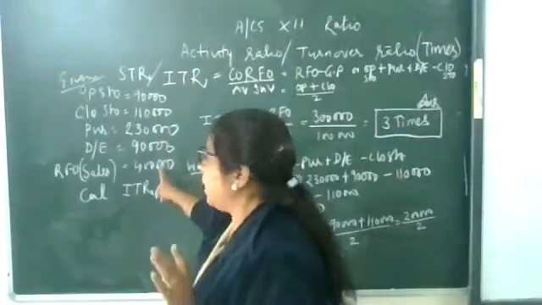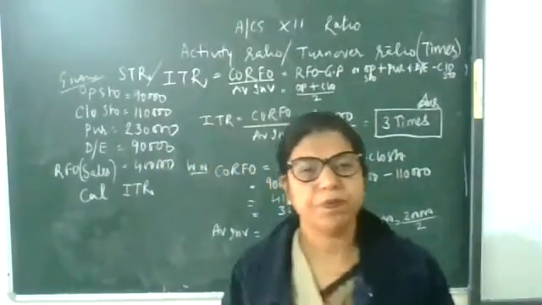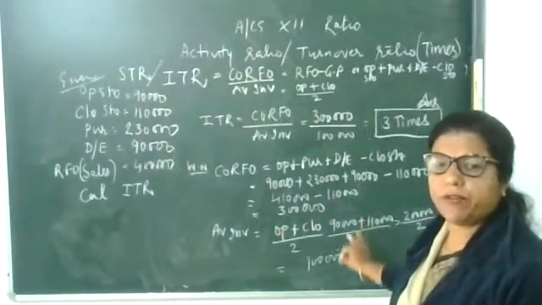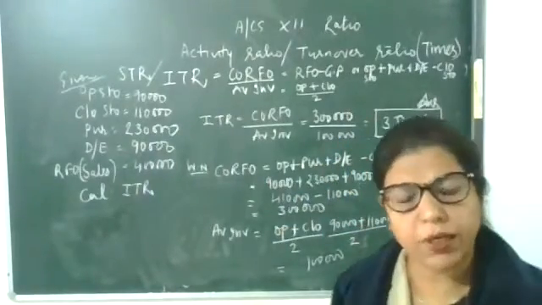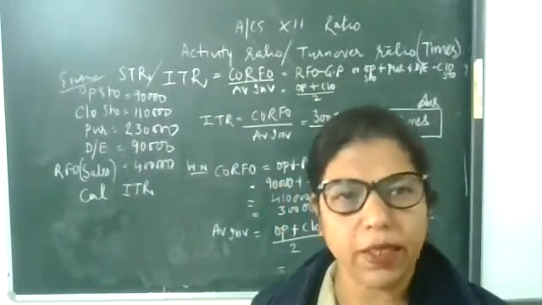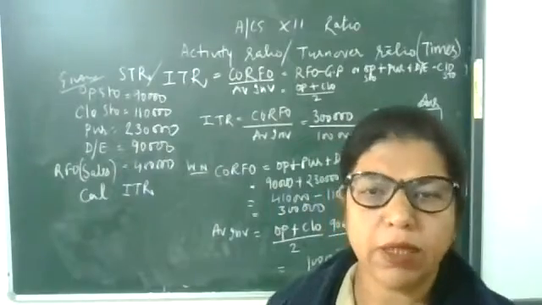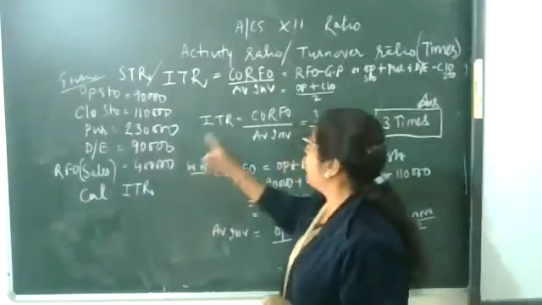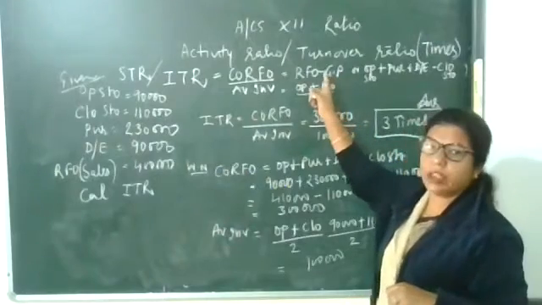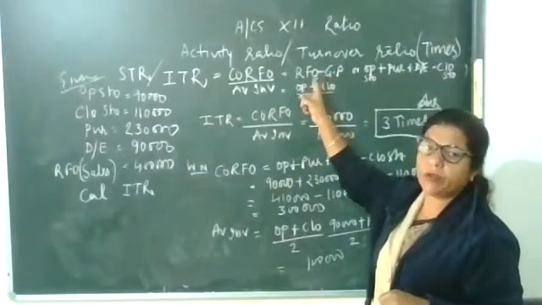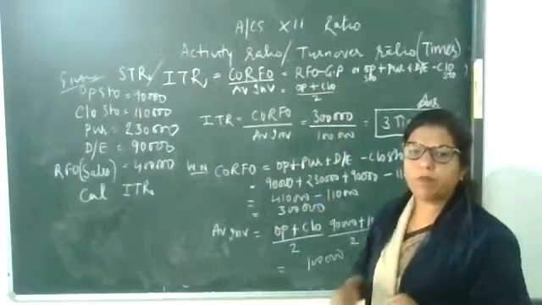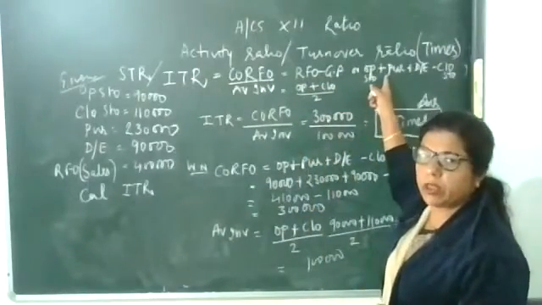See here, they have given RFO, and we have not used RFO anywhere. They can give many things as extra information, but that will be of no use here. If we had to use the other formula, then we could use RFO, but in that formula GP is not given. So we have to use this formula.